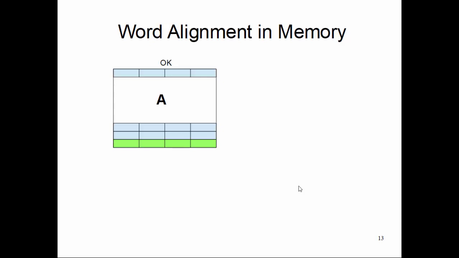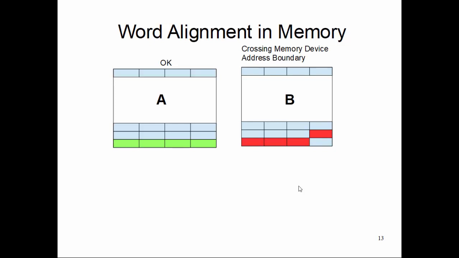Now any address other than one divisible by 4 will need 2 memory accesses, because that word will cross the device address boundary. Let's say you are doing a load word of address 1. Configuration A is load word of address 0, so that address 0 is read and all 4 bytes are used as a word.